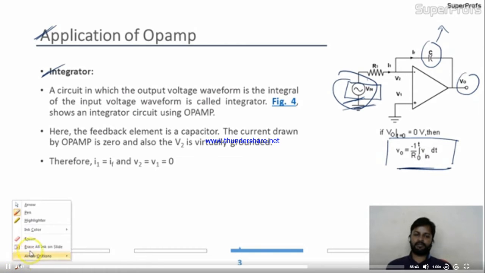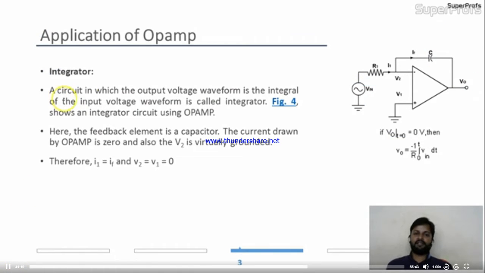So let me erase it and then we'll see. A circuit in which the output voltage waveform is the integral of the input waveform is called an integrator. This shows an integrator circuit using an op-amp. Here the feedback element is a capacitor. If the feedback element is a capacitor, your input will be integrated.